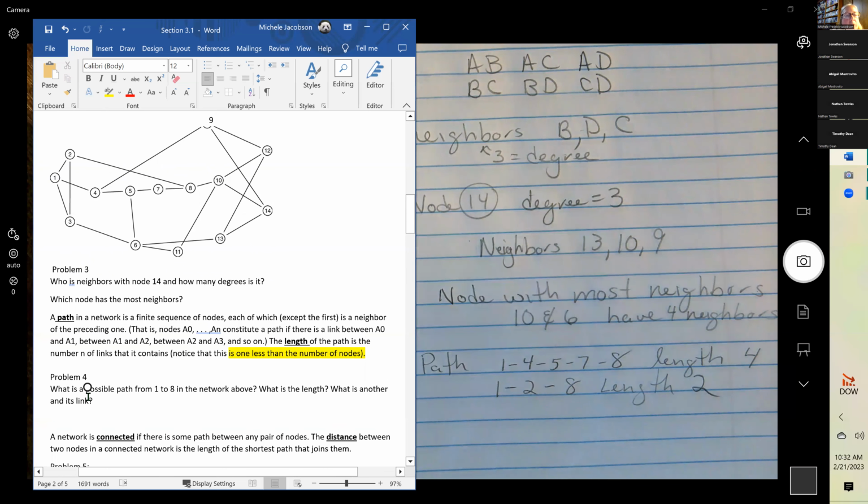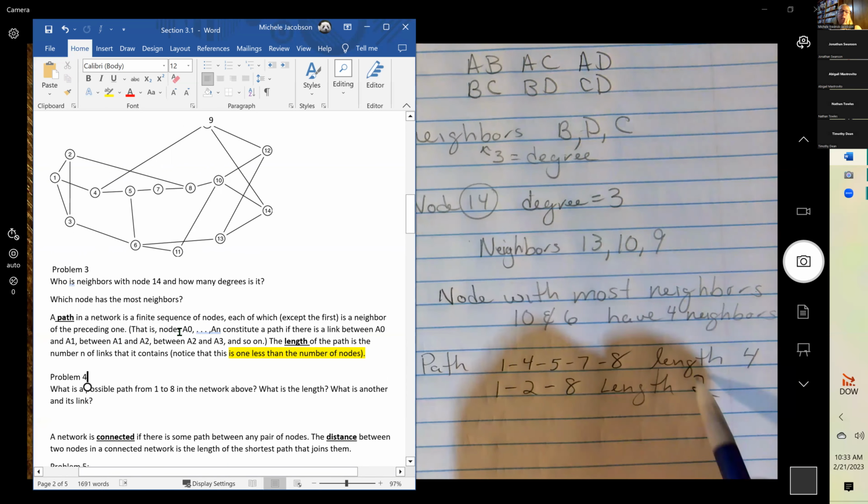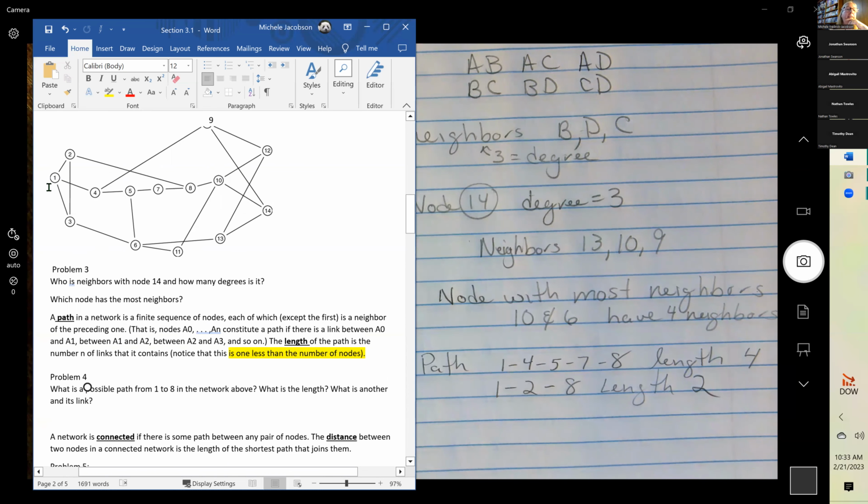This is probably the shortest one, 1, 2, 8. I don't see any others that are also length 2, but that is definitely the shortest path from 1 to 8.